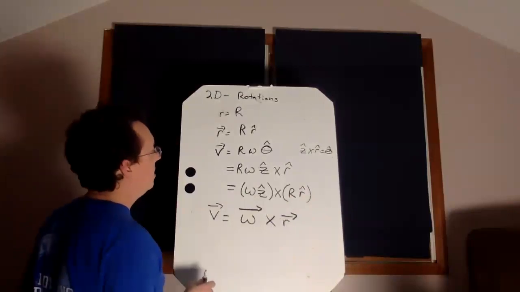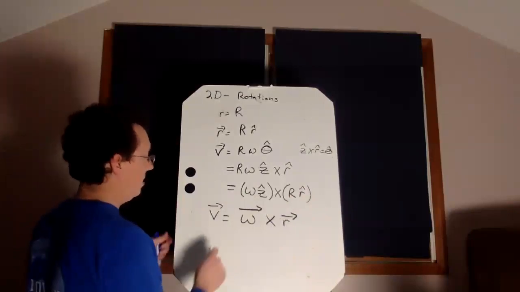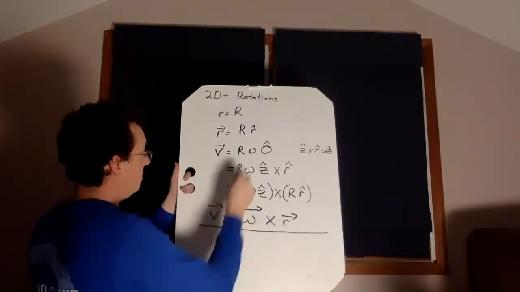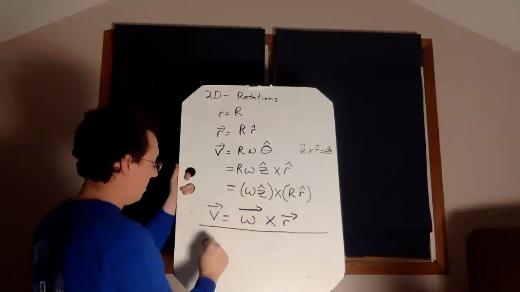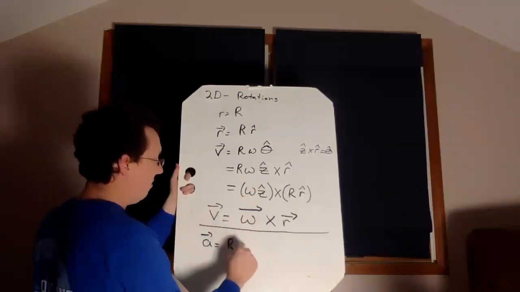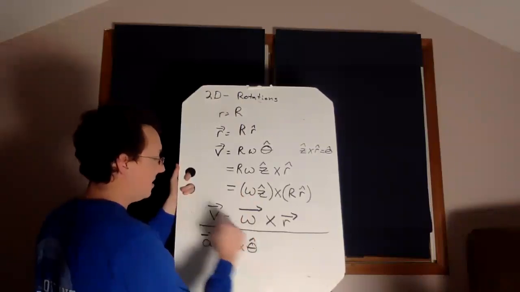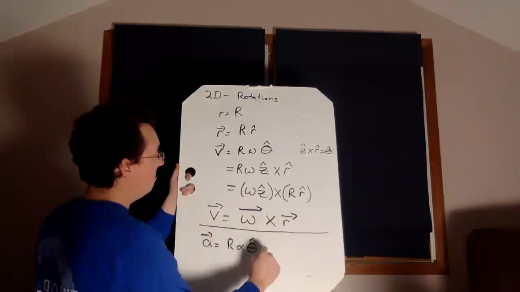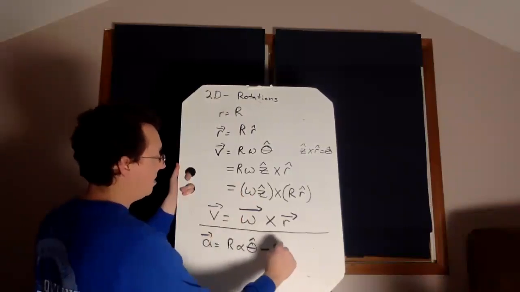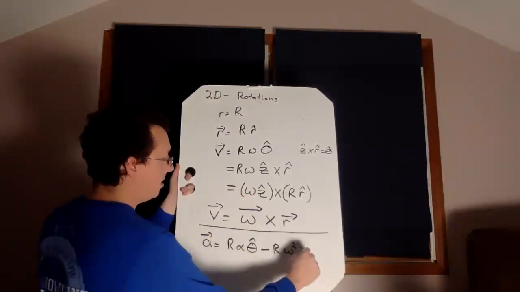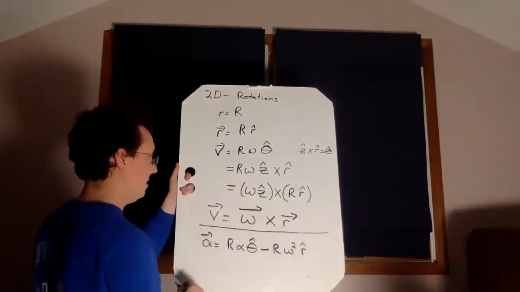All right, let's do another thing. Let's write, sorry, we can write the acceleration. It's just going to be r alpha times theta hat minus r omega squared r hat.